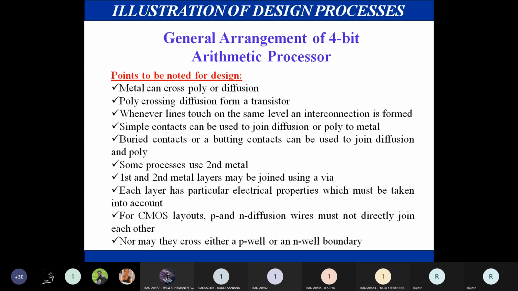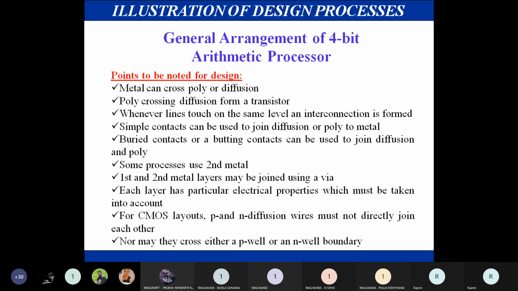So from the layout side, what are the considerations for a 4-bit arithmetic processor? Already we have seen the design rules in layout. Any metal can cross poly or diffusion.